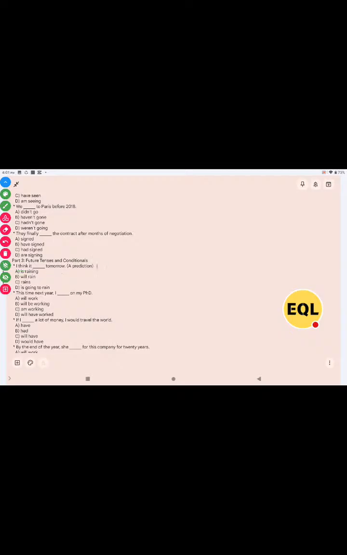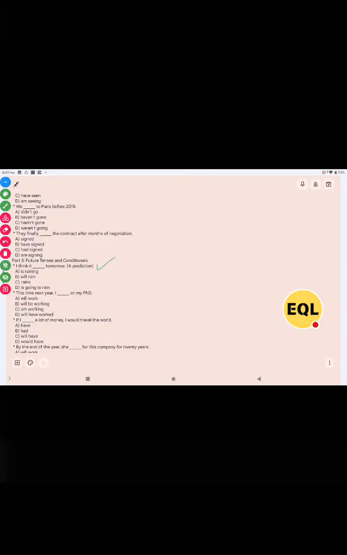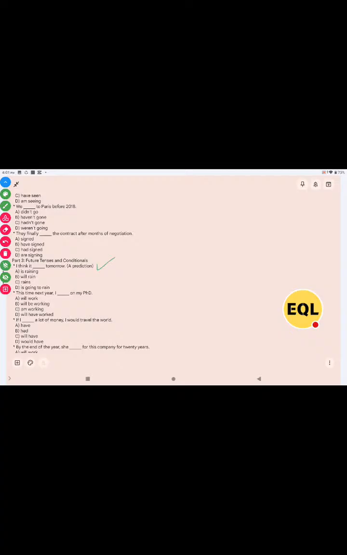So in this sentence we have "I think" in present indefinite and "it blank tomorrow." This should be in future indefinite because it is a prediction. In future indefinite we use will and shall. With I, we, you, they, he, she, it, and with all nouns and pronouns in future tense we can use will.